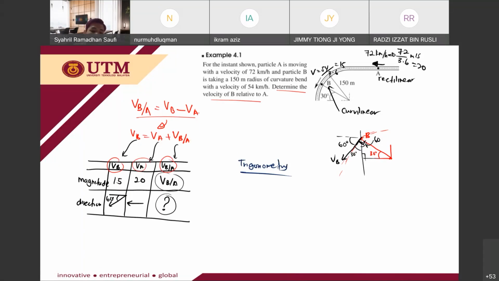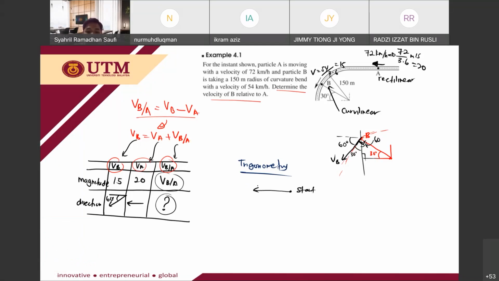Okay, meaning that I need to draw the triangle. So the start point is here.